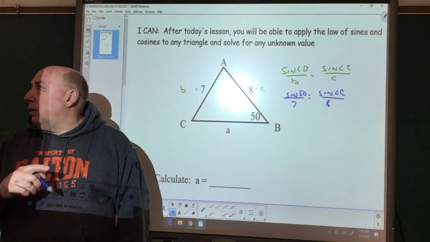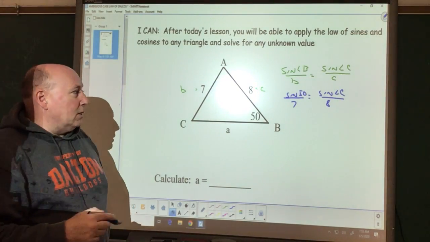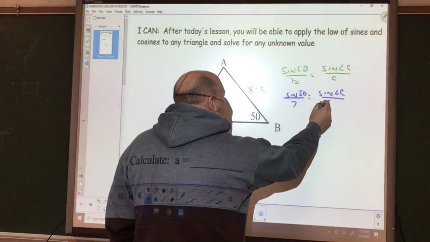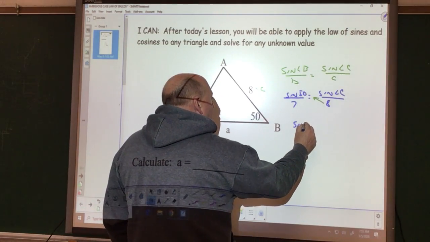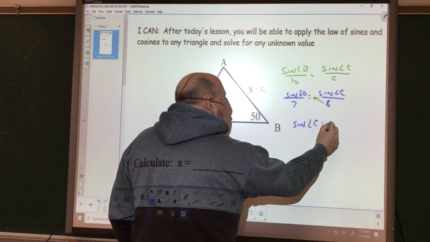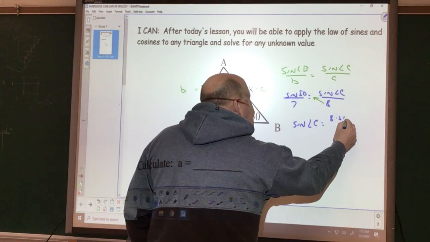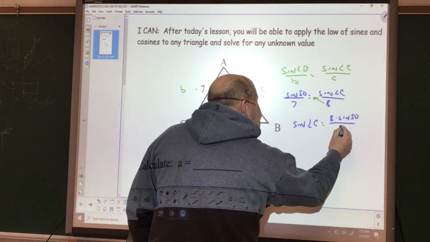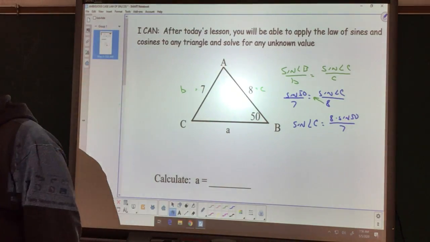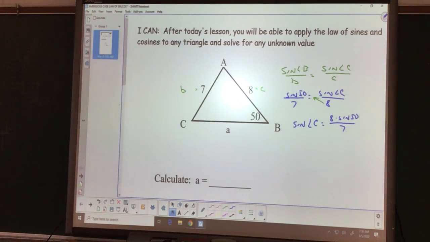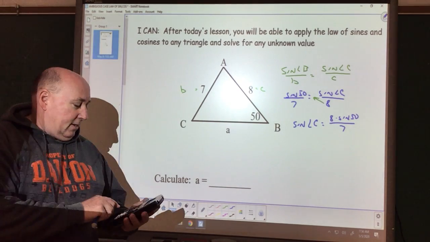Now we can cross multiply and divide. So we're left with the sine of angle C is equal to 8 times the sine of 50 over the value of 7. So I can clickety-clack that through my calculator, if I can find it.